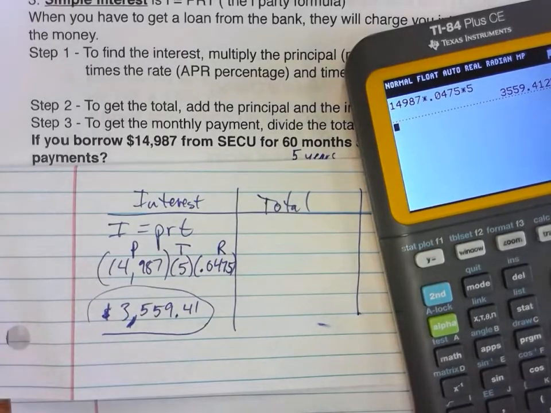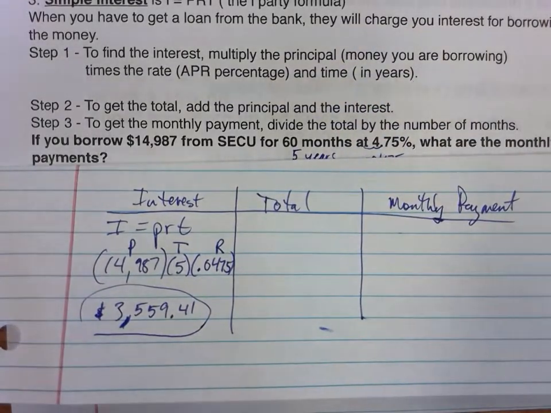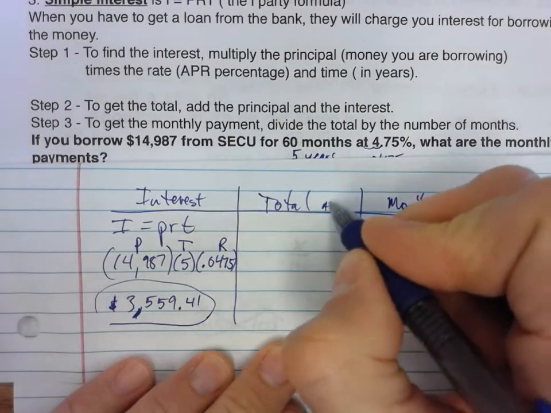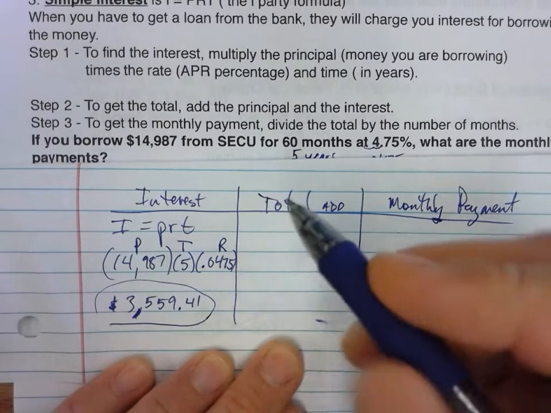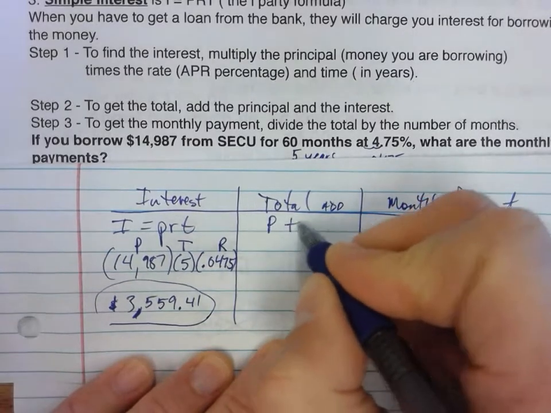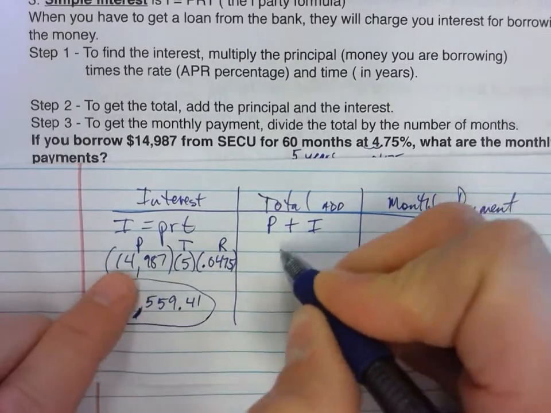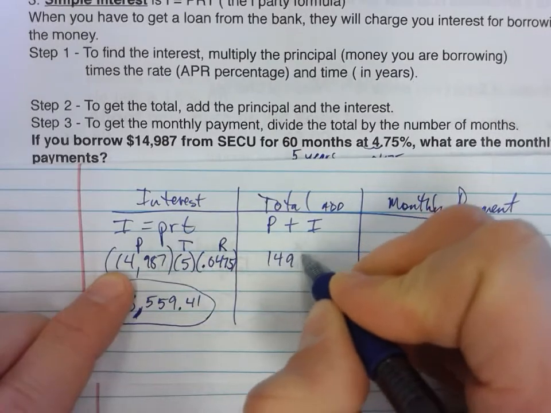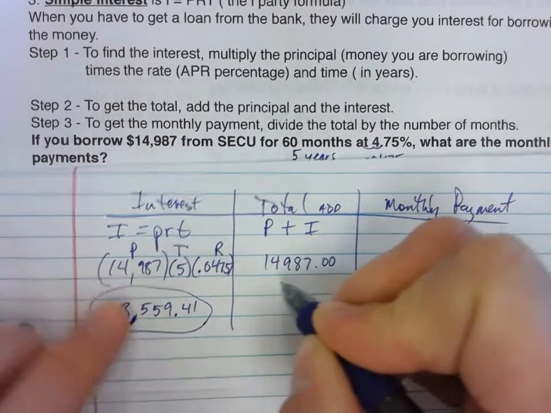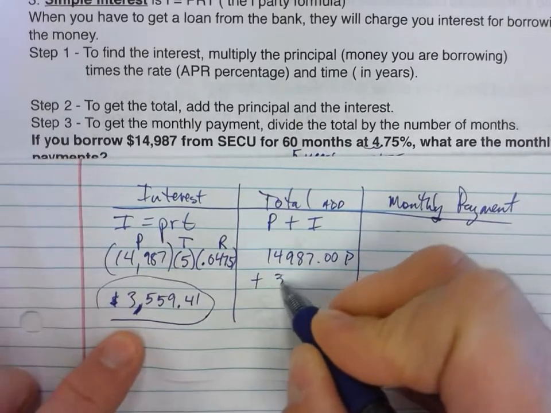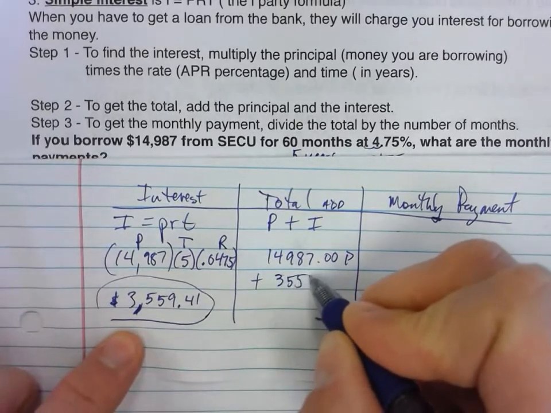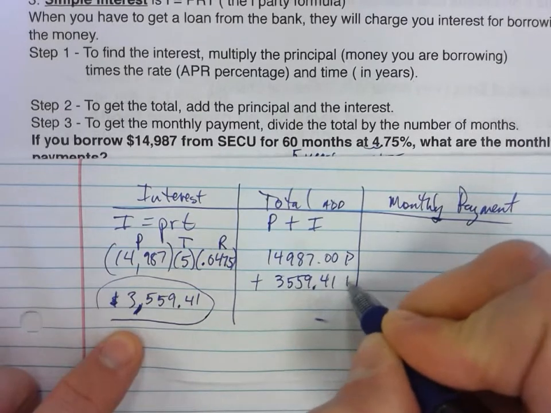To get the total, of course, total again means add. It's an add word just like it was in the previous problem. But in this one, we're adding the interest and the principal together. So principal plus interest. The principal was $14,987. The interest is what we just found, $3,559.41.